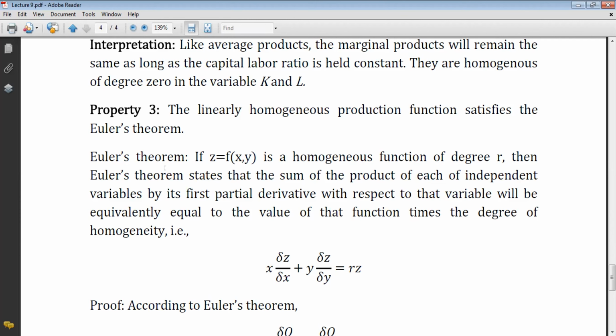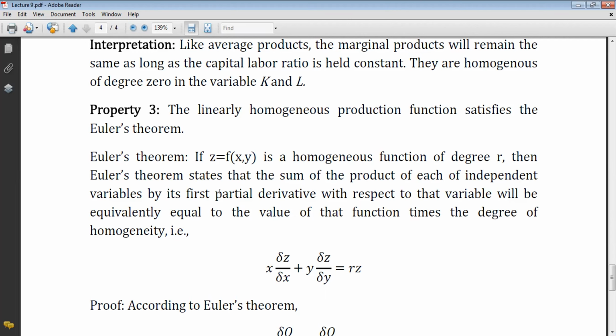Okay, so Euler's theorem means if we consider a function z which is a function of x and y, and this function's degree of homogeneity is r, then Euler's theorem states that the sum of the product of each independent variable by its first derivative with respect to that variable will be equal to the value of that function times the degree of homogeneity.